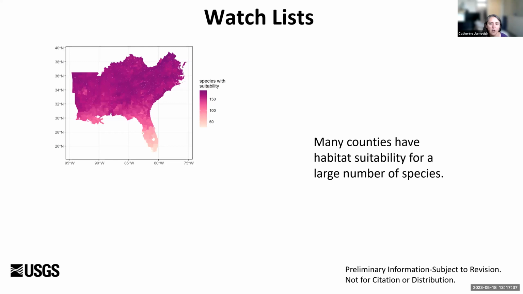You can see there's a pretty high number for a lot of counties, which is maybe more than someone wants to think about managing or trying to manage for or search for.